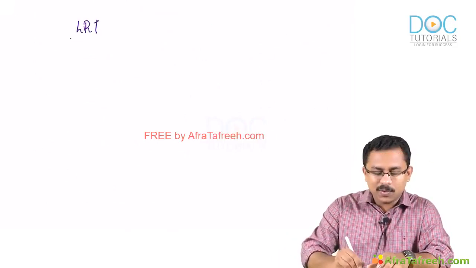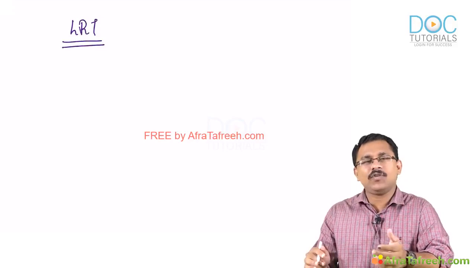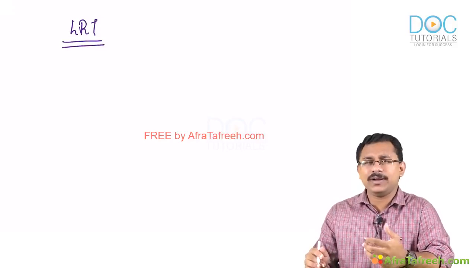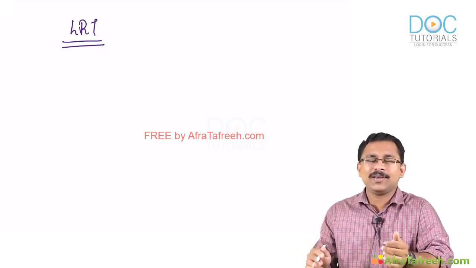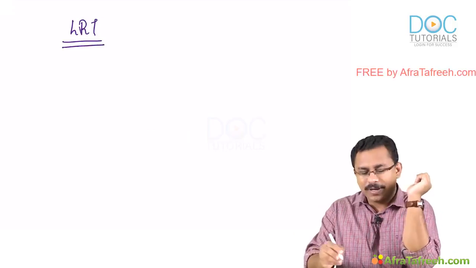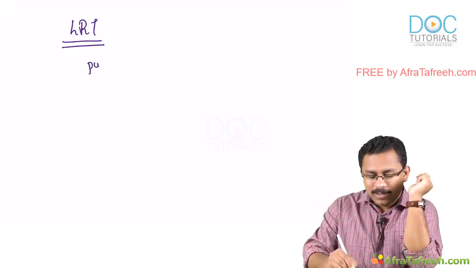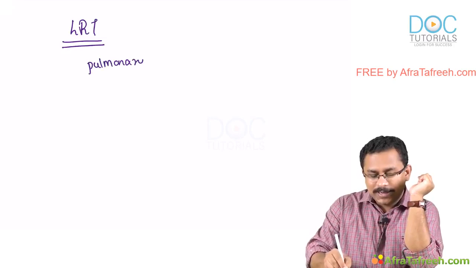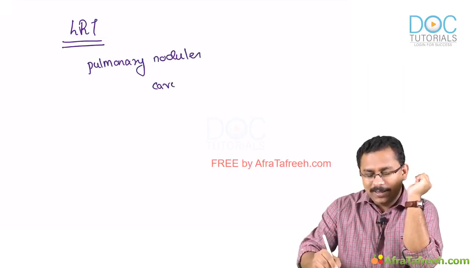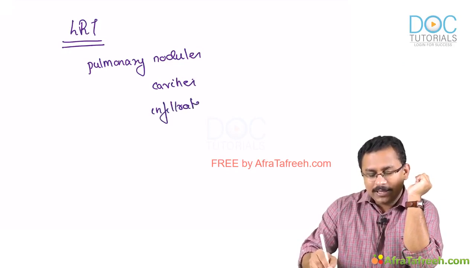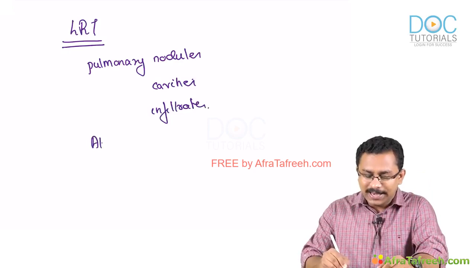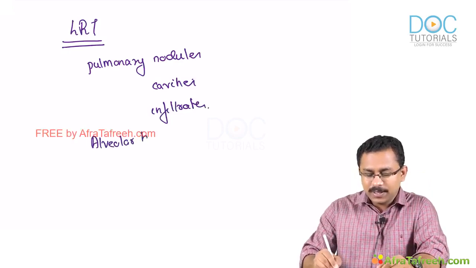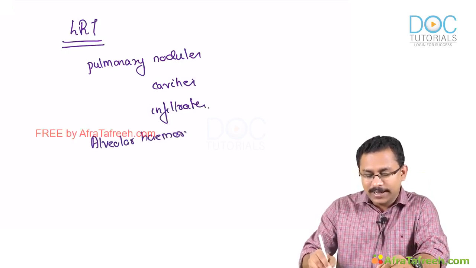Then coming to the lower respiratory tract. Lower respiratory tract involvement can have different manifestations. You can have pulmonary nodules, pulmonary cavities, pulmonary infiltrates, or even a diffuse alveolar hemorrhage.